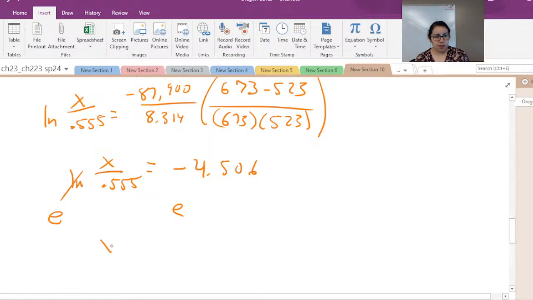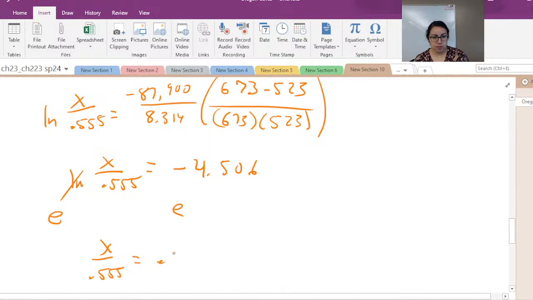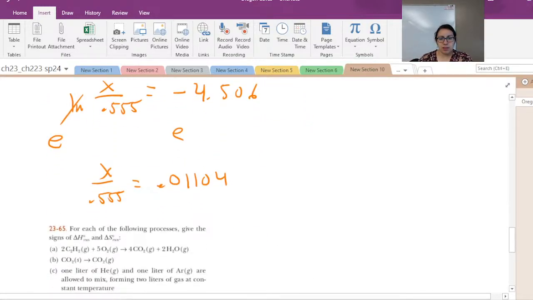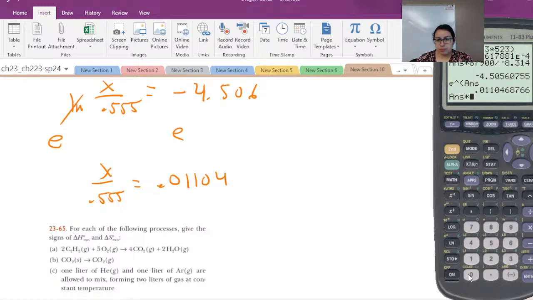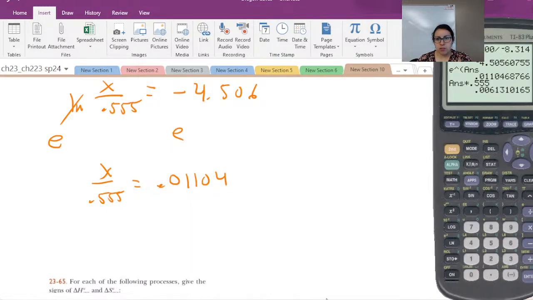So now we have x over 0.555 is equal to 0.01104. And so solve for x. And so I get about this for our new pressure.